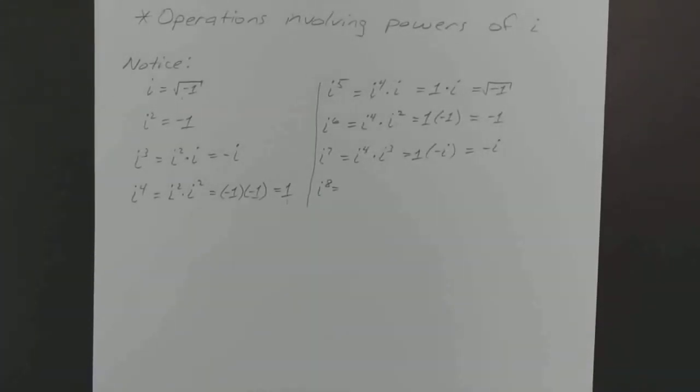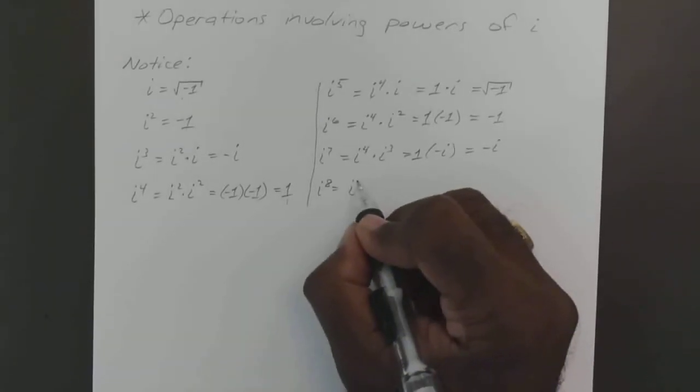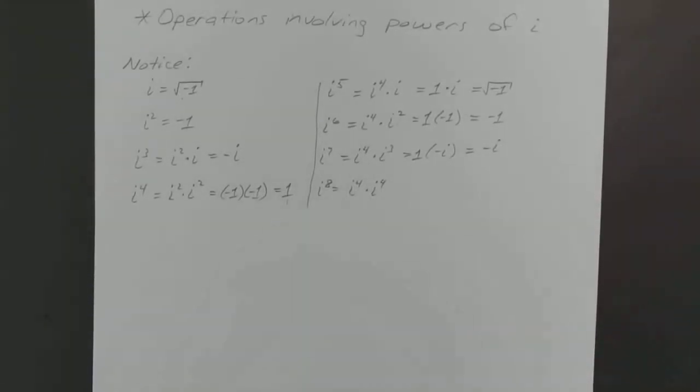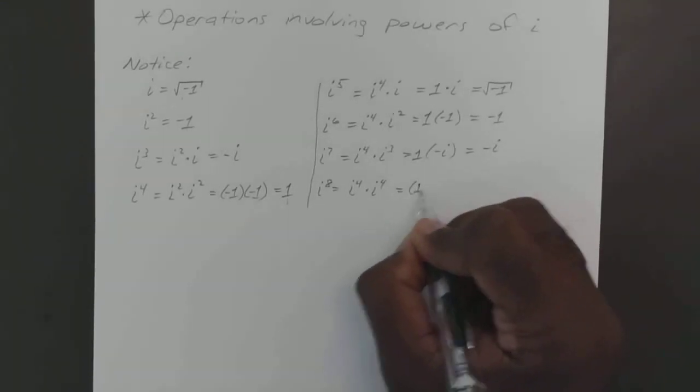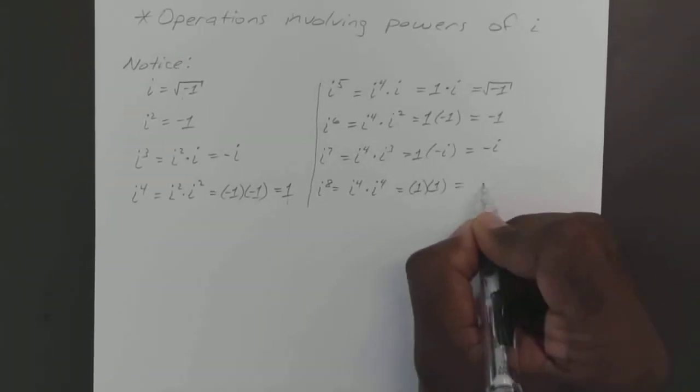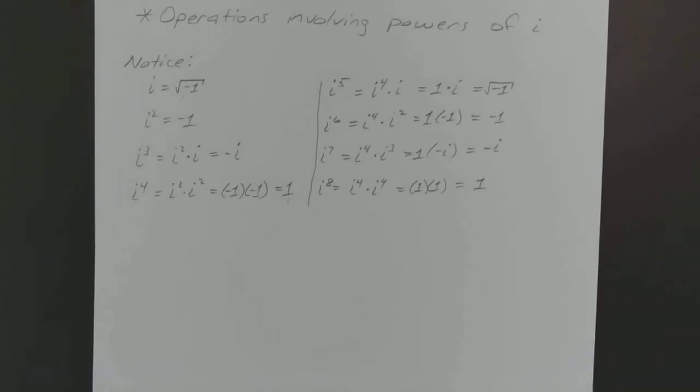And I to the eighth power, that's just I to the fourth times I to the fourth. We know I to the fourth is 1, so that's just 1 times 1, which is just 1. So if we went through I to the 9th, 10th, 11th, 12th, 13th, 14th, 15th, 16th, you'd have that same pattern over and over and over again.